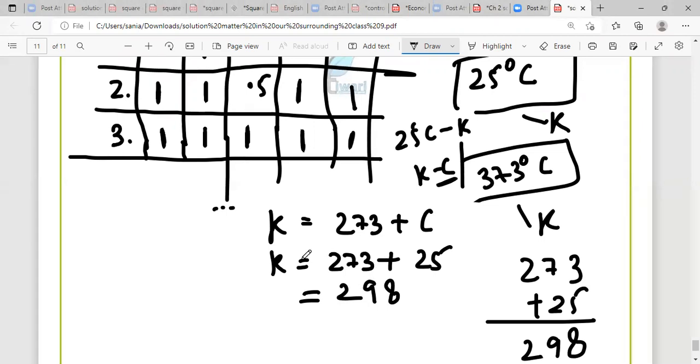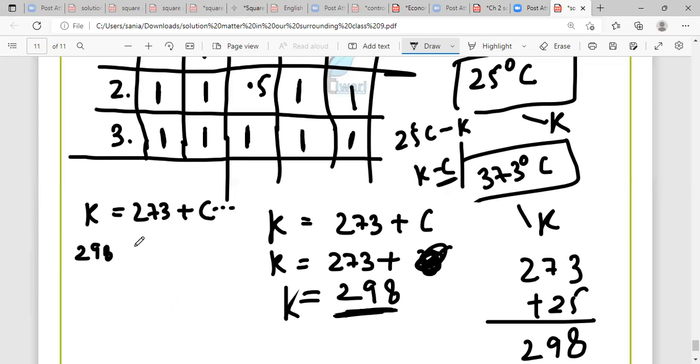Okay, not a problem. The other way it can be, for example, that K is given and you have to find C. At that moment, same formula: K equals 273 plus C. K is 298, and this is 273 plus C. So you have to find C. Then this digit will go over here: 298 minus 273 equals C. Because whenever things go beyond the equals sign, the sign changes.